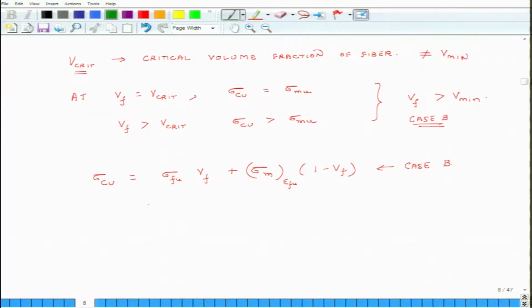Okay. Now, when Vf is equal to the critical volume fraction, what happens? Sigma Cu is the same as the strength of the matrix material. So, we can say that sigma Mu equals sigma Fu times V crit plus sigma m at breaking strength of the fiber times 1 minus V crit.